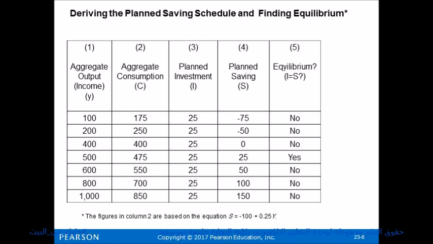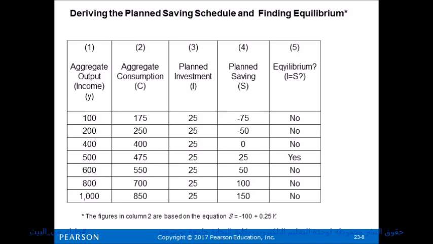And by focusing on column 1 and columns 3 and 4, we can see that only at an income level of 500 is the value of planned investment, which is 25, equal to the corresponding value for planned saving.